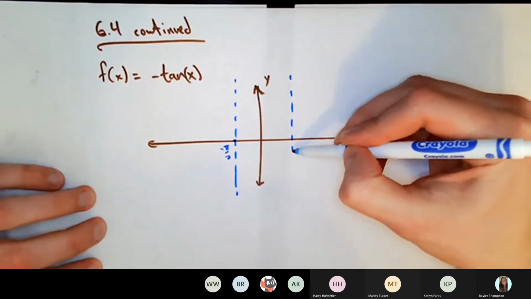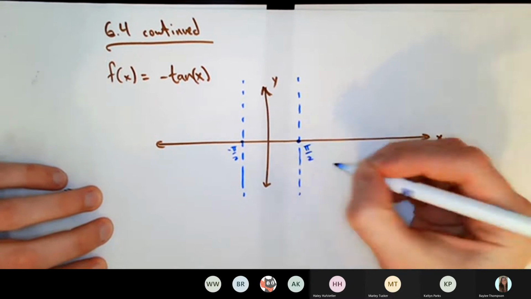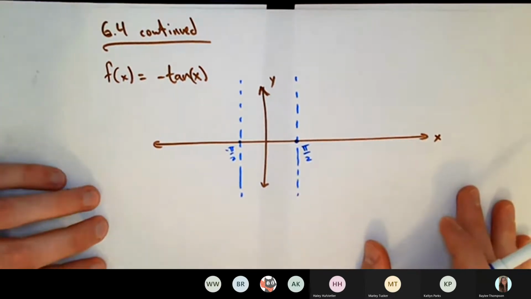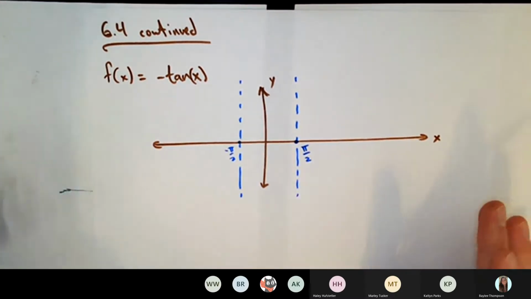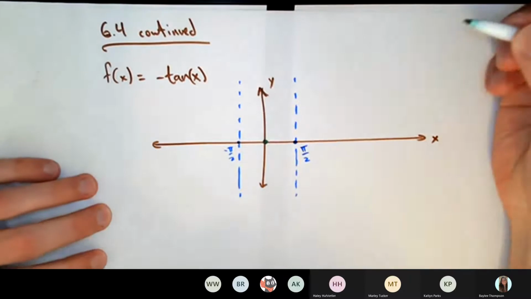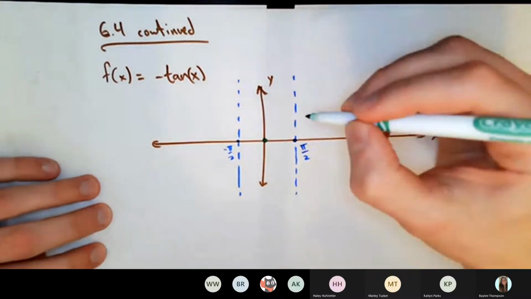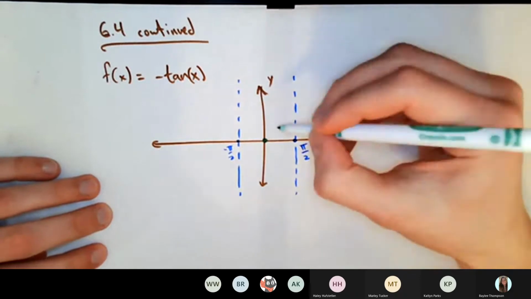And why am I drawing these dashed lines? Because tangent has asymptotes, right? Which was kind of the theme for all 4 trig functions, excluding sine and cosine. They all had asymptotes, right? But tangent acted a little bit differently because it starts at 0, 0, and it almost looks like a cubic function, sort of, except a cubic function doesn't have asymptotes.